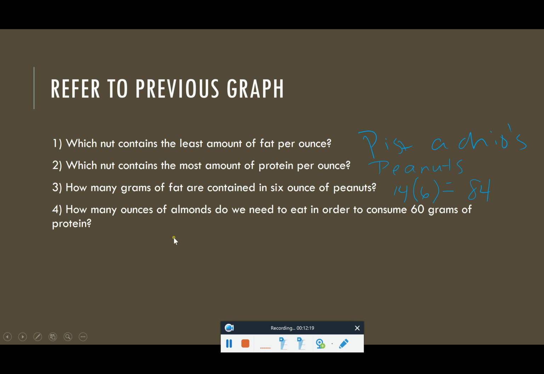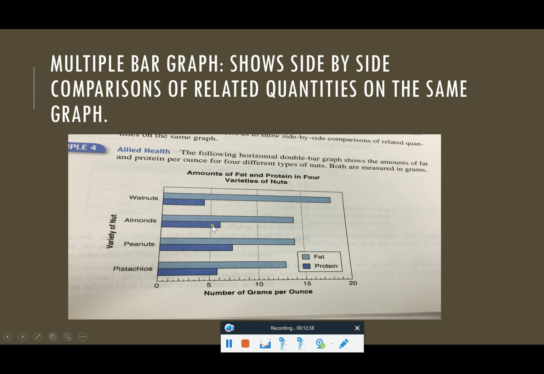Okay. And then how many ounces of almonds do we need to eat in order to consume 60 grams of protein? We want 60 grams of protein. So we're looking at protein and we're talking about almonds. Almonds, protein, there is about, I would say, 6 maybe.